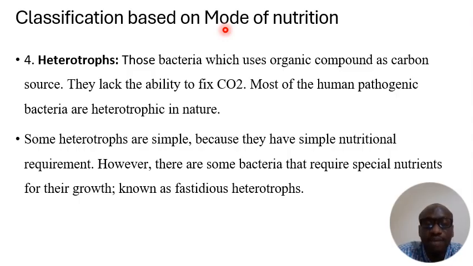They don't fix carbon dioxide, so they are heterotrophic in nature. Some of them are simple because they have simple nutritional requirements. However, we have some of them that require special nutrients, and we call them fastidious organisms. So fastidious heterotrophs are those that require additional enriched medium for their growth.